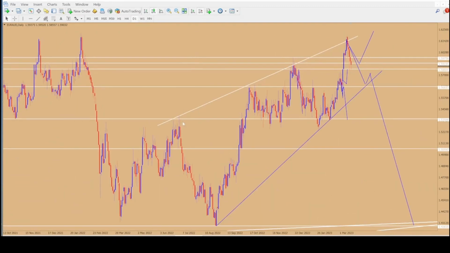So I told you about this diagonal resistance right here. So we see this area from June 2022, retested between September and October 2022, again December 2022, and now March 2023.